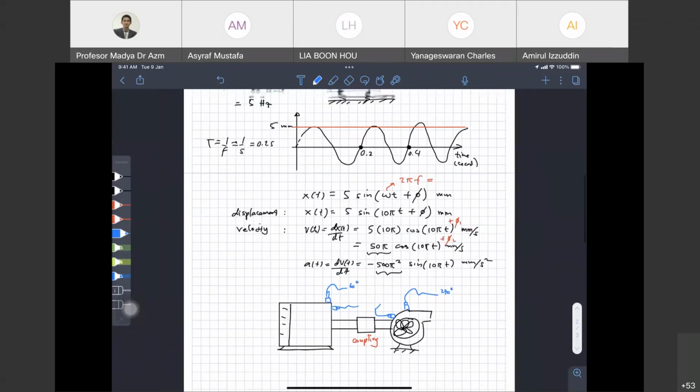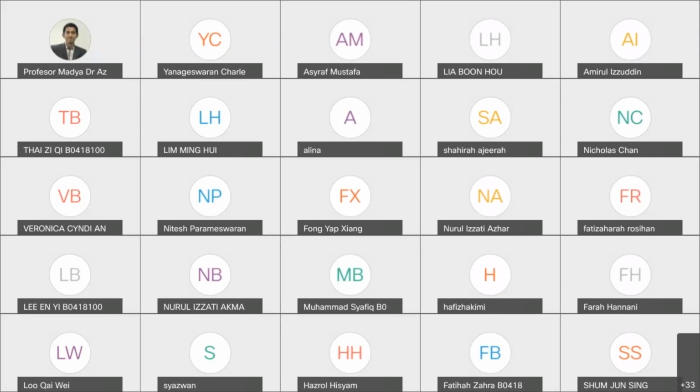Okay, ada soalan lagi? Ada, kita review sikit. Yang lain ada kat sini kan? Tadi cuma berapa orang aja yang cakap. Syahirah, ada Syahirah? Ya, doktor. Ada.